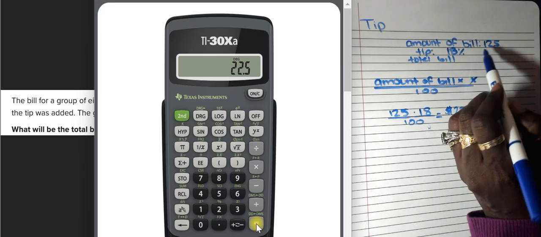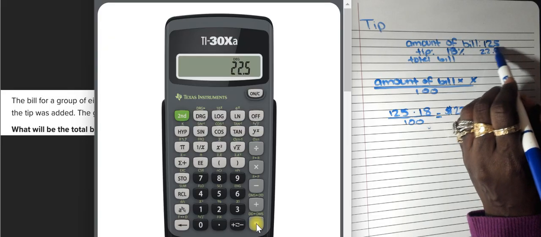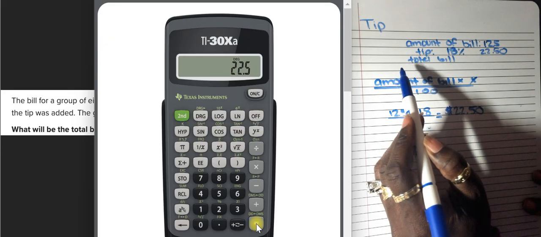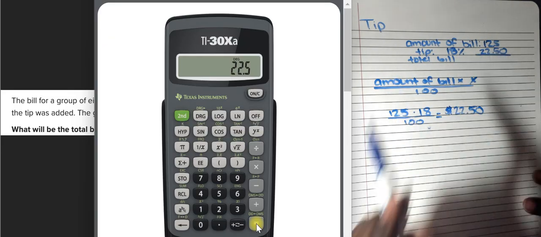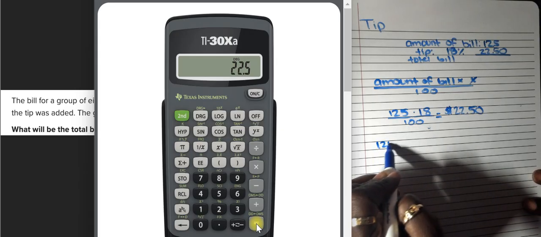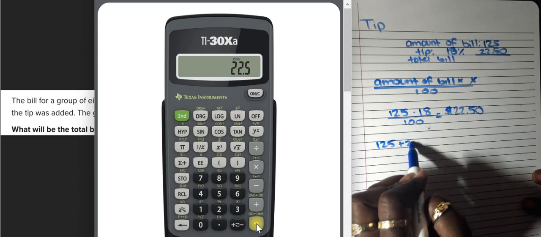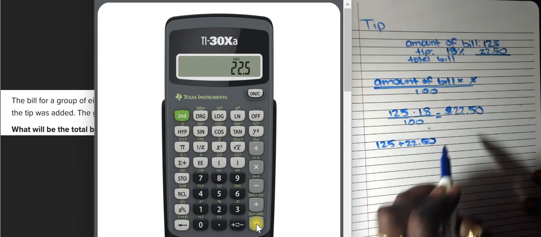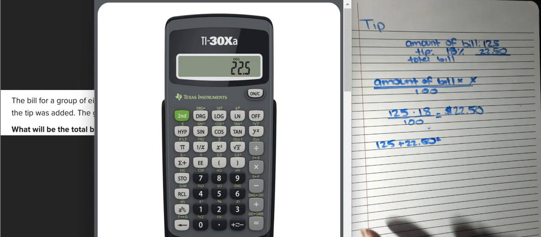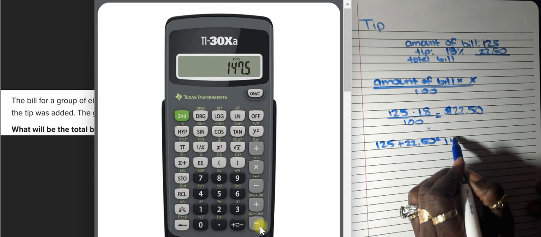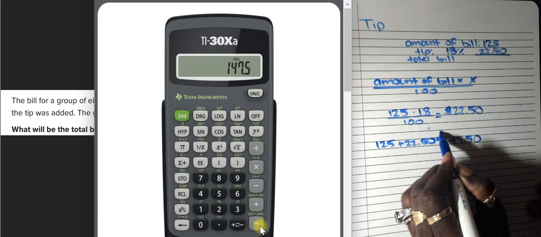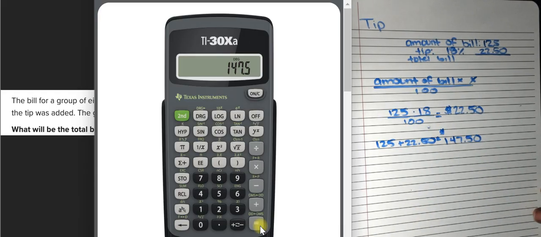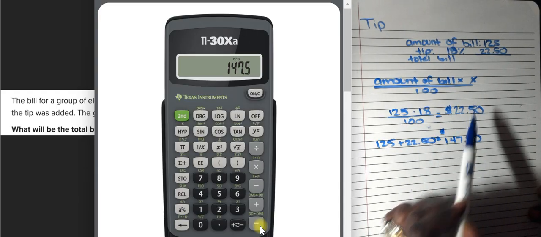So that was $22.50. And to find the total bill, all you have to do is add these two together, right? So we should have 125 plus 22.50. We already have 22.50 in here, so I'm just going to add in the 125. And that means that we are going to pay $147.50.